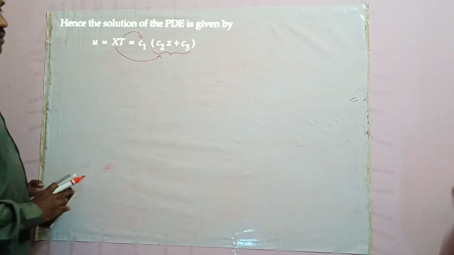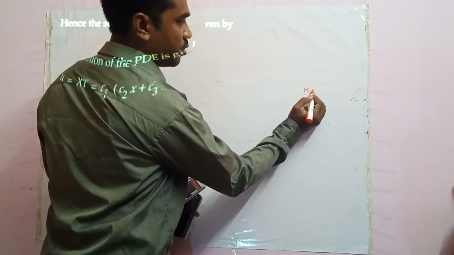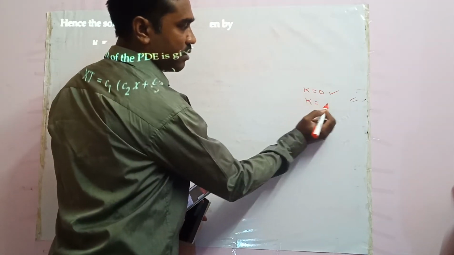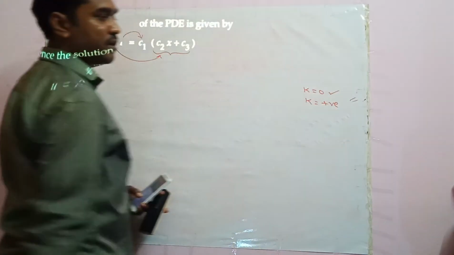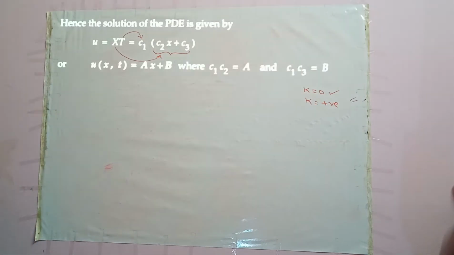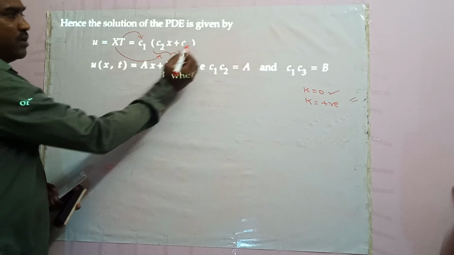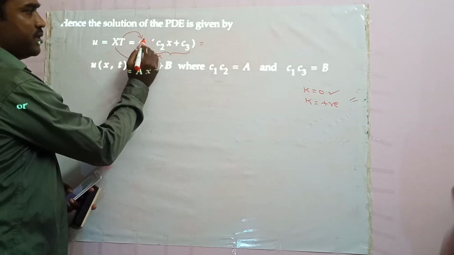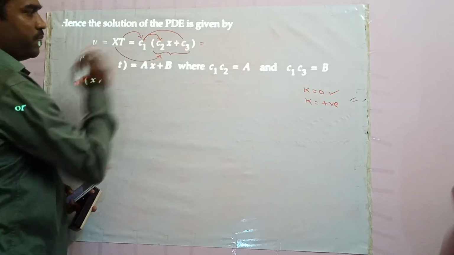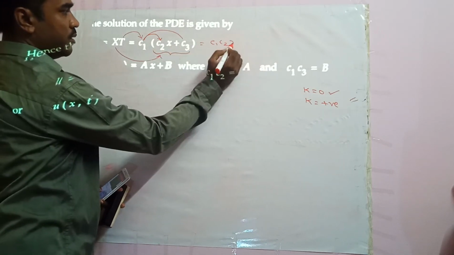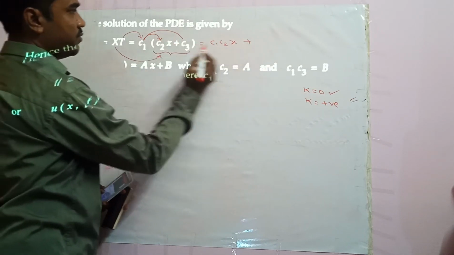Now let us go for the other case. K is equal to 0, we are done with the solution. The other case will be K is positive. Before that, let us rewrite this. If you multiply C1 inside, what do you get? C1 C2 x plus C1 C3.